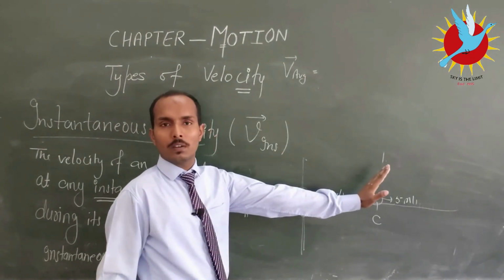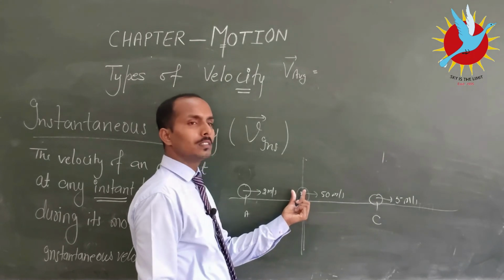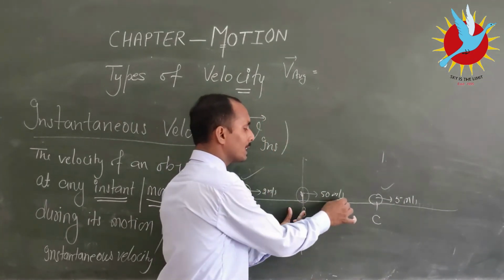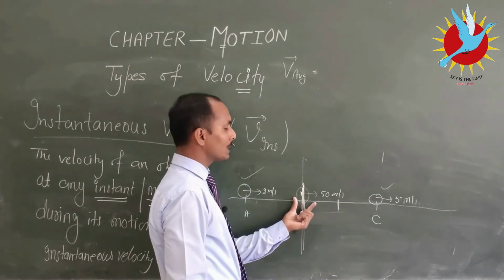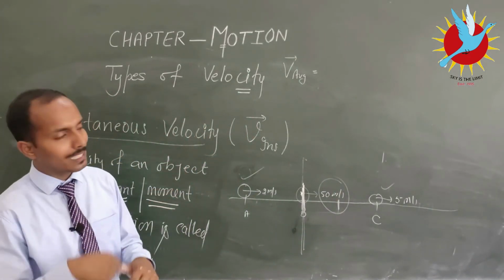It has different speeds, no doubt, but if I ask what its speed is at point B, not telling me about point C or point A, just at this point, then this speed is known as instantaneous speed, at that instant, at the same time.